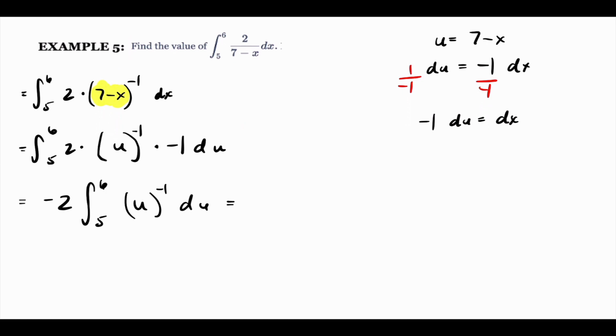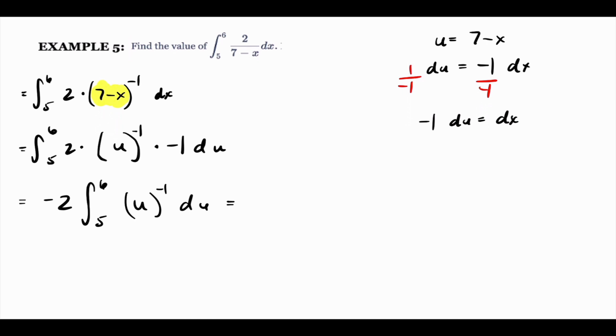Okay, so when you rewrite it with a -1 power, like I told you guys, anytime you see a -1 power, more than likely when you do the antiderivative, you're going to have to use some sort of natural log. u to the -1 can be rewritten as 1 over u.